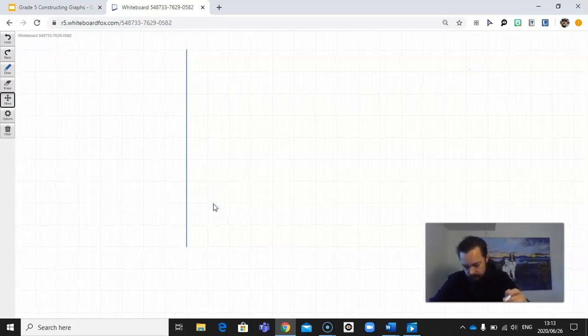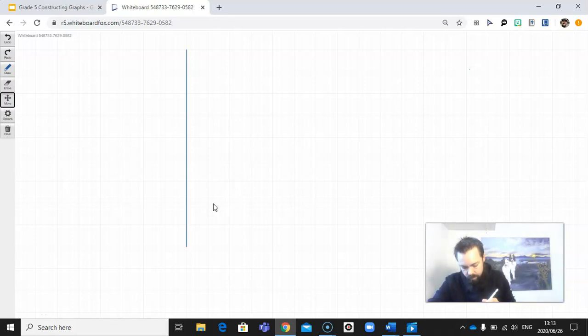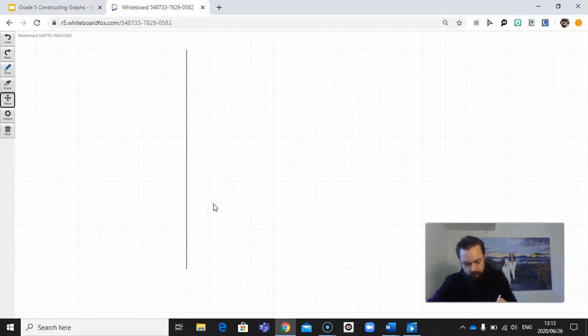So I'm going to start at the bottom. Let's just see. I might need to extend my line up a bit, but I'm going to start with the ages, and I'm going to do it in groups of 10. So I've got 0, then 10, 20, 30. Remember, this is not ages, this is groups of people or number of people. 40, 50, 60, 70, 80.